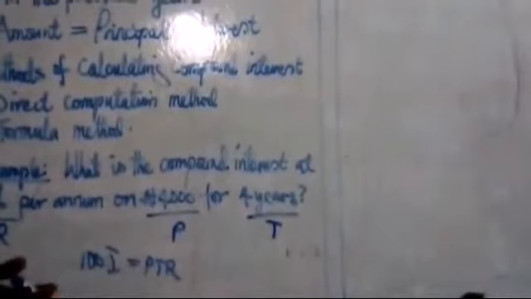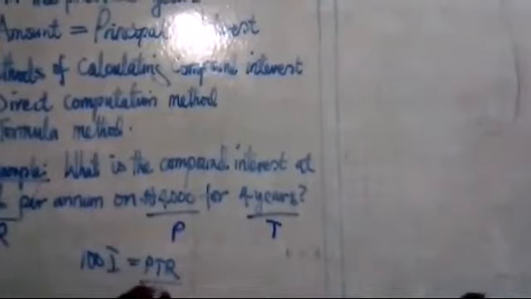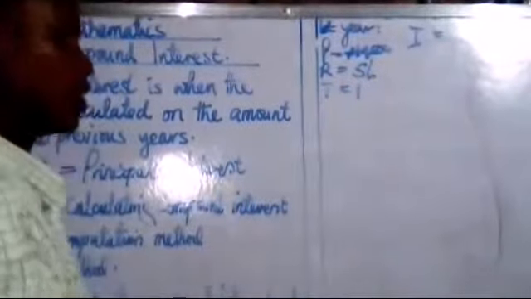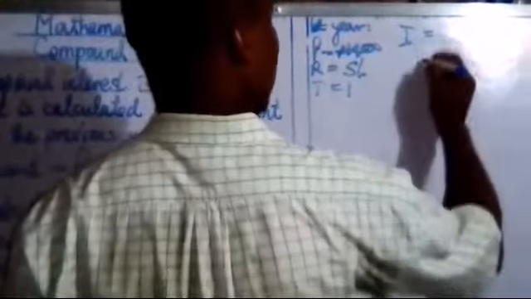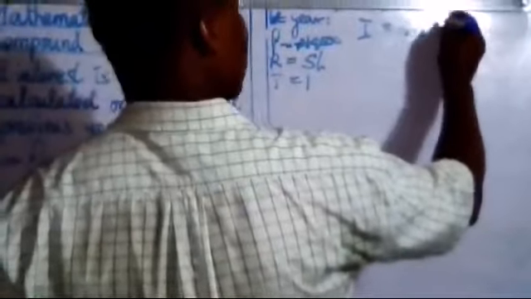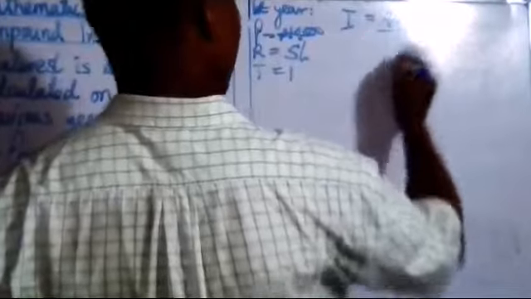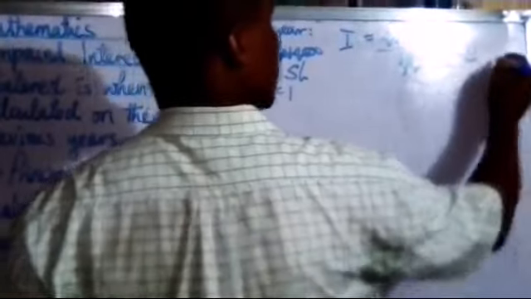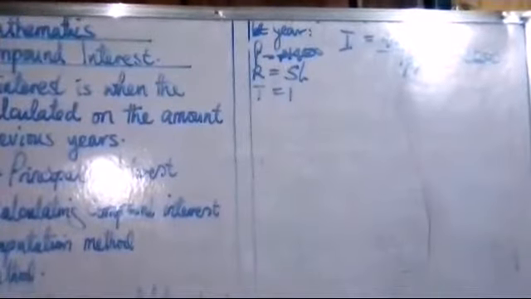That's where our interest will still come from, which will be PTR over 100, but the T is taking one year after the other, so we still have T equals 1 year, which doesn't matter. So what we have here will be 4,000 times 5 all over 100. So this and this will go, this and this will go, and we'll be left with 200 naira. So the interest for the first year will be 200 naira.